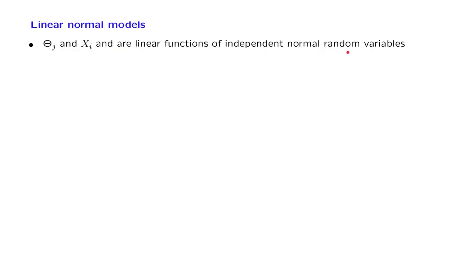Since linear functions of independent normals are normal, in particular this means that the theta j and the xi are all normal random variables. Carrying out inference within this class of models goes under the name of linear regression.